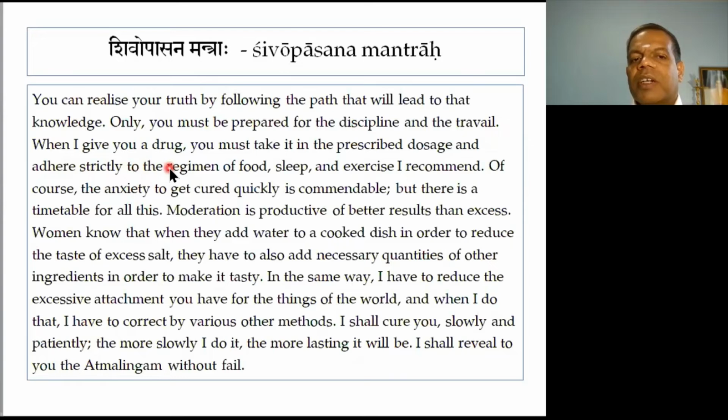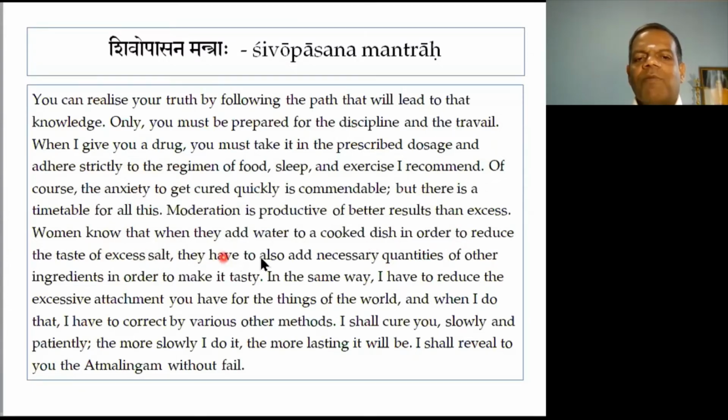When I give you a drug, you must take it in the prescribed dosage and adhere strictly to the regimen of food, sleep, and exercise I recommend. Of course, the anxiety to get cured quickly is commendable, but there is a timetable for all this. Moderation is productive of better results than excess.